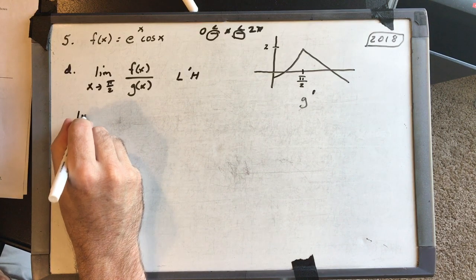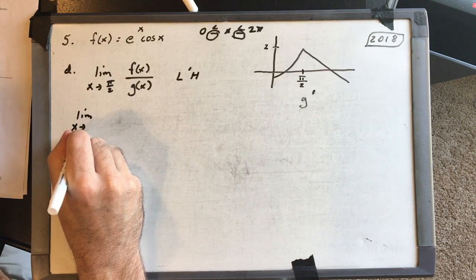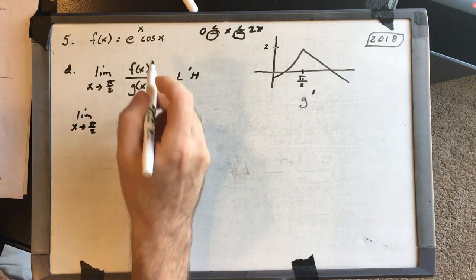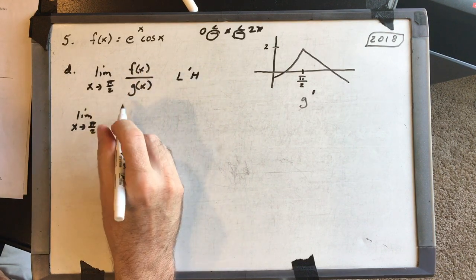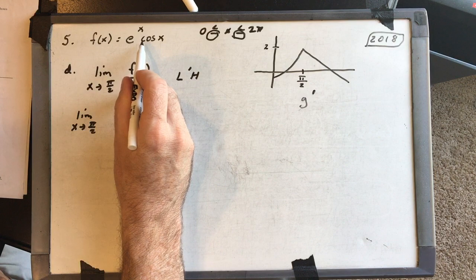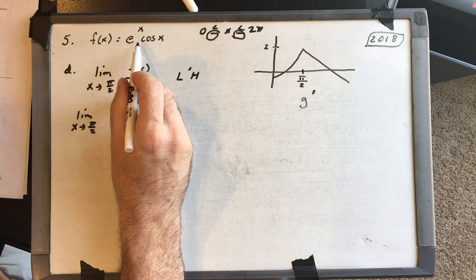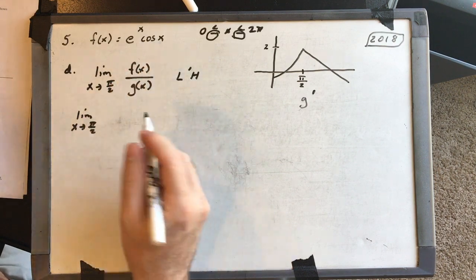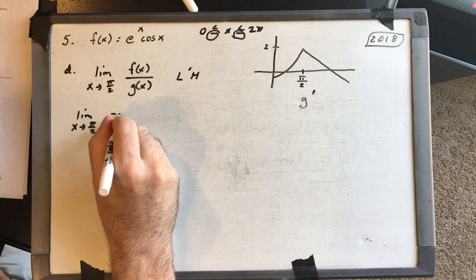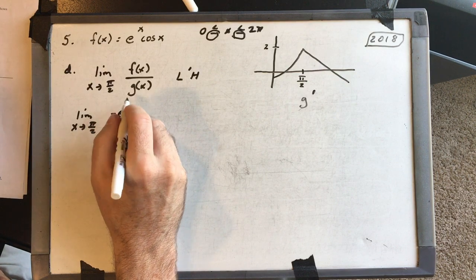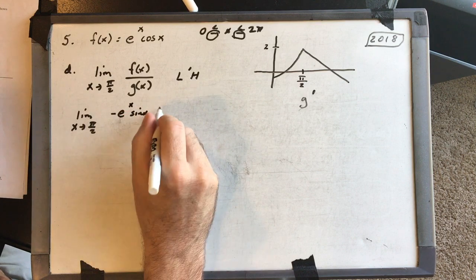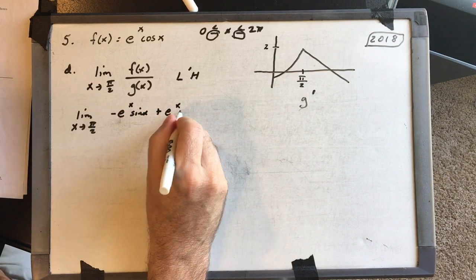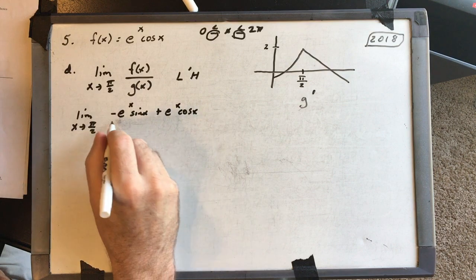So to use that, we'd have the limit as x approaches pi over 2, and you take the derivative of the top and the bottom. So f prime of x, we've already said from part B, is minus e to the x sine x plus e to the x cosine x.